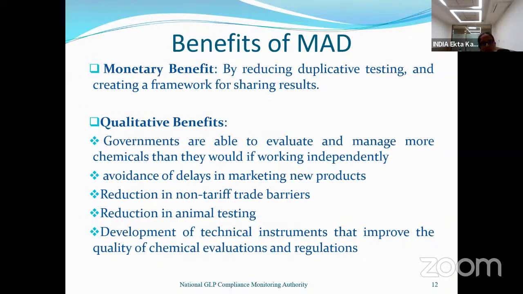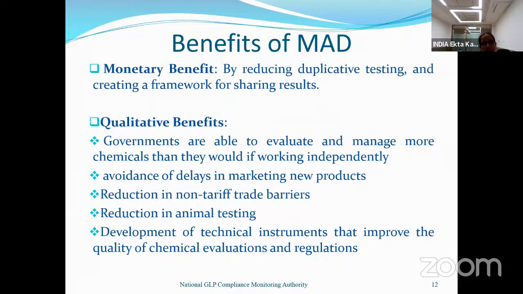So MAD ensures reducing duplicative testing. It also helps to save millions and millions of rupees, and also saves tens of thousands of animal lives by allowing the results to be shared by all countries on a particular chemical.